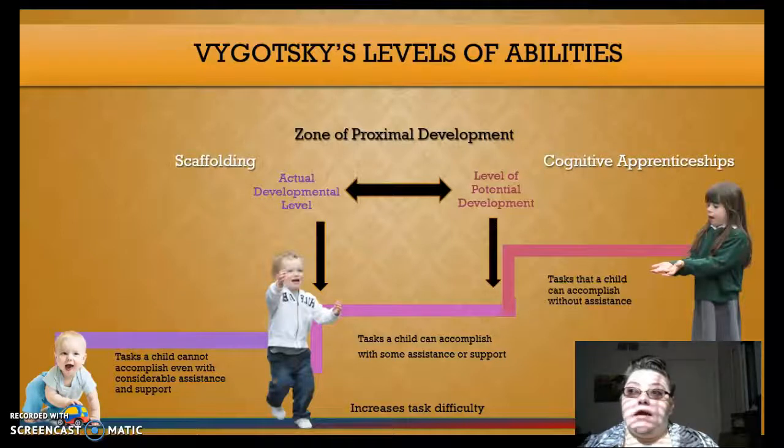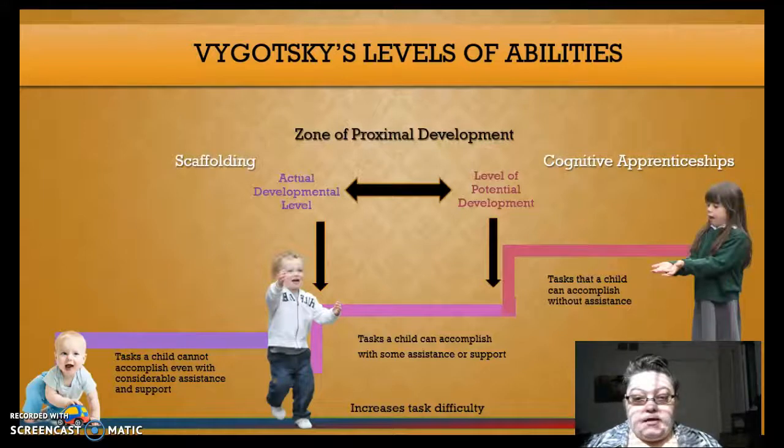Vygotsky's theory on scaffolding and proximal development here shows the gaps between what the child actually knows and what he does not know. That is considered the zone of proximal development. The actual development stage begins at approximately 3, and the level of potential development would end at approximately 7 to 8 years of age.